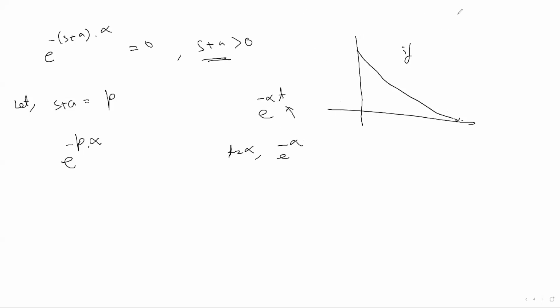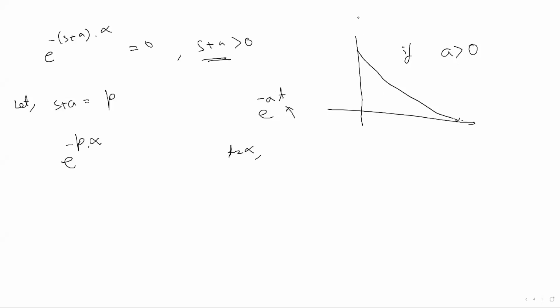Don't use alpha here, it will confuse you. Suppose a is there, or b or any letter, it is minus at, and this graph is decreasing when a is greater than 0. At t equal to infinity, we have a value of 0.